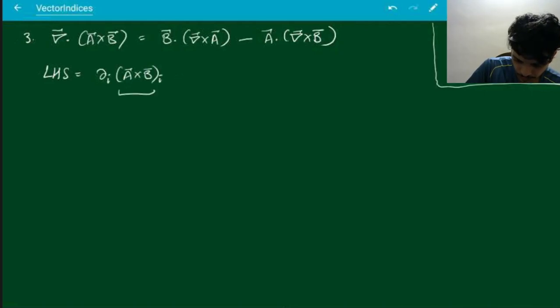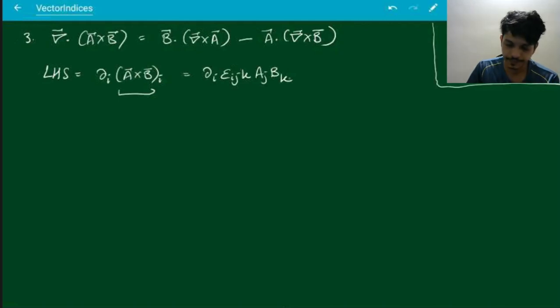But this is a cross product, so I'm going to write this as del i epsilon ijk a j b k. But epsilon is a constant, so I can take that out of the derivative.